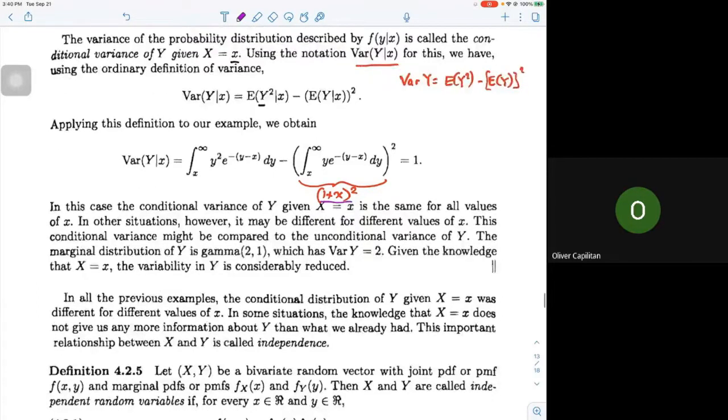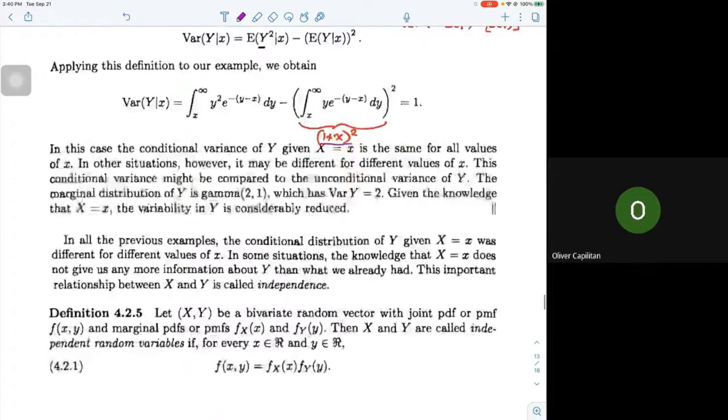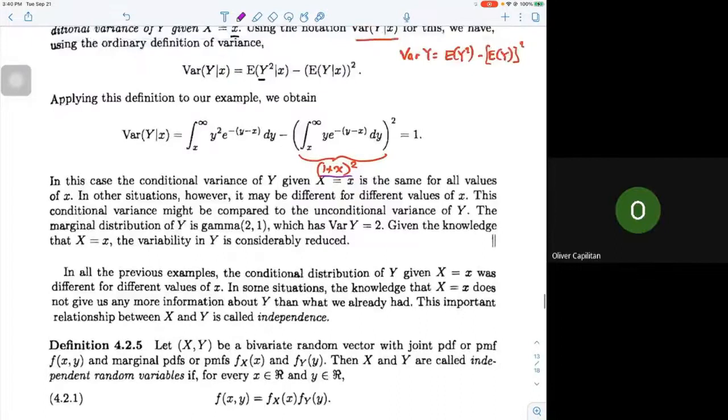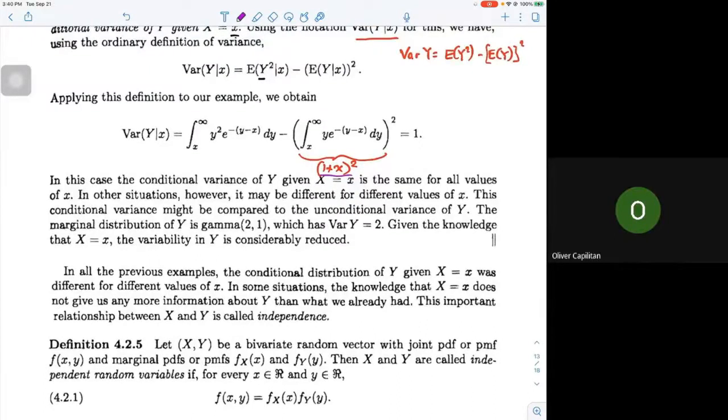Okay, so this conditional variance might be compared with the unconditional variance of y. The marginal distribution of y is gamma 2, 1. And we can see that for this distribution, the variance of y will be equal to 2. So if we recall, for the gamma, say y here has a gamma distribution with parameters alpha and beta.